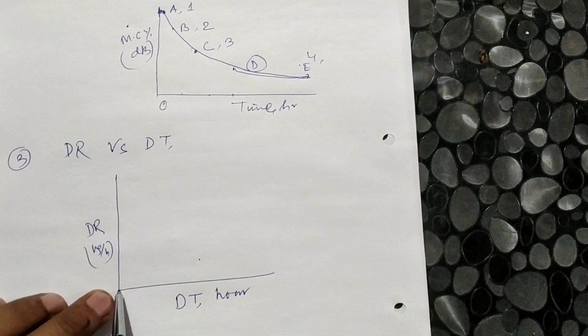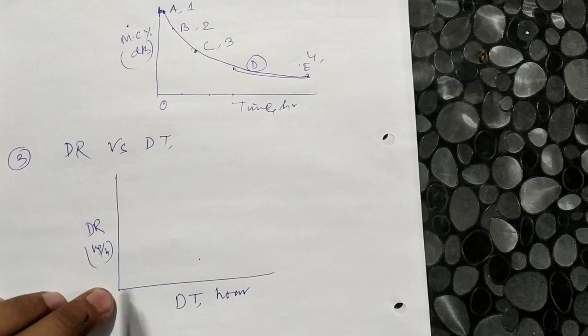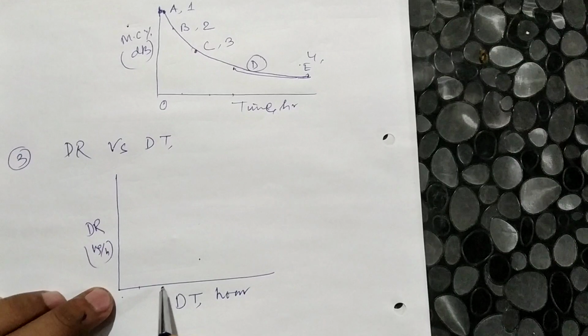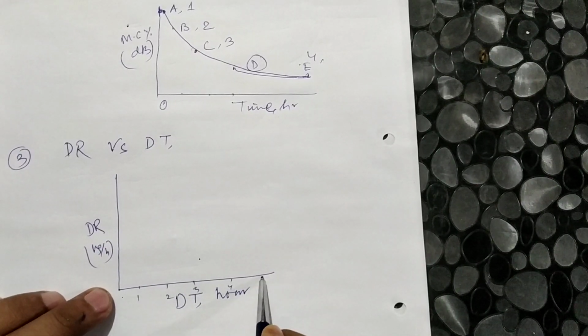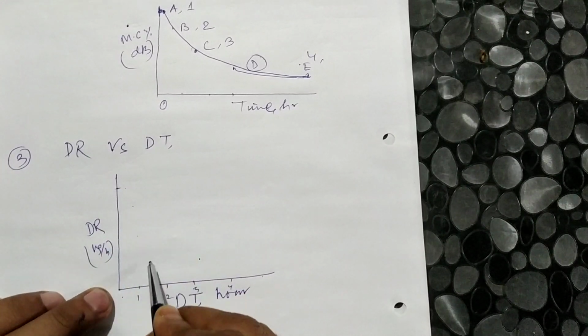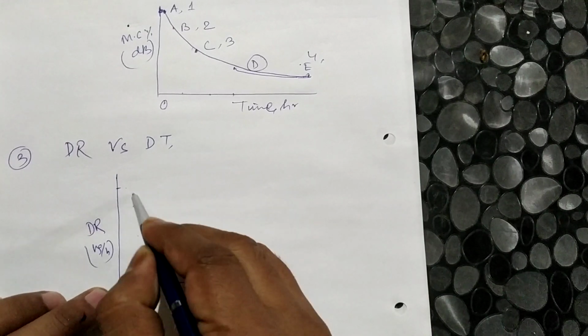So initially the drying rate is again high because free moisture is being removed, so a very large amount of water will be removed at the beginning. So 0 time, increasing the time, say 1 hour, 2 hour, 3 hour, 4 hour, the drying rate is higher, then decreasing, then attaining some constant level, then a very small amount of water is removed.